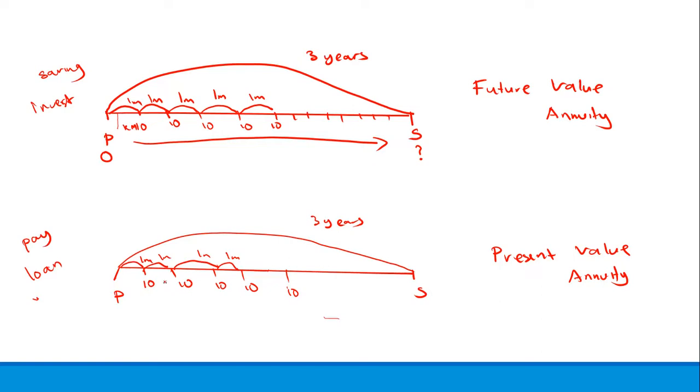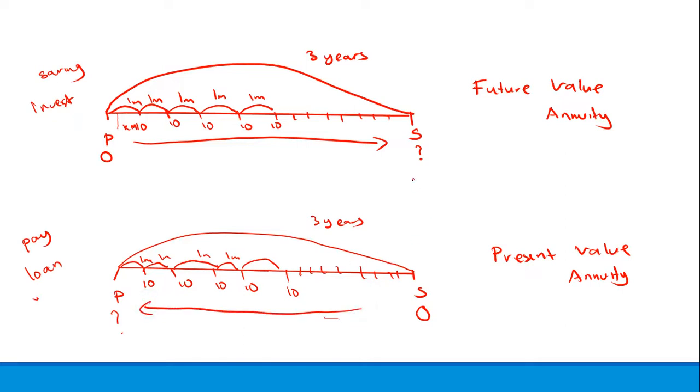So every month you pay 10 ringgit. Until 3 years, you don't want to find what is at the end, because after you pay it will become 0, but you want to know how much you borrowed that needs you to pay 10 ringgit every month. That is the present value.